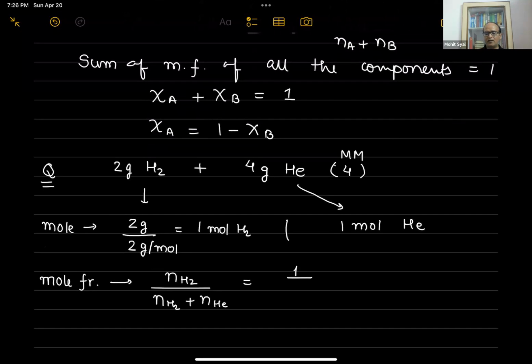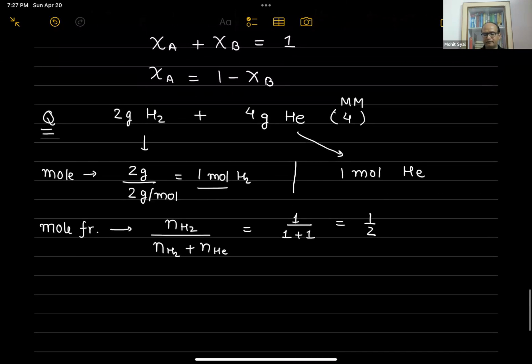That is going to be 1 over 1 plus 1. And thus you can figure out very easily that both have 1 mole each. So the fraction will be half. This is going to be half, and the mole fraction of helium is again going to be half, right?